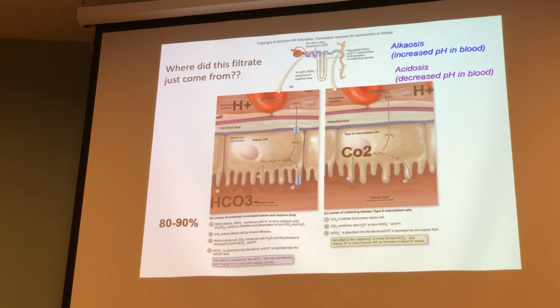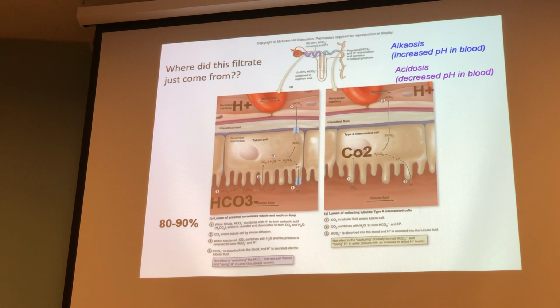And what do they do? The complete opposite of what type A's do. They literally do just the opposite. They're going to dump bicarbonates into the filtrate, and they're going to dump protons into the blood. It's that simple. They just do the complete opposite of type A's. Or you can say A's are doing the opposite of B's, whichever way you want to think of it.